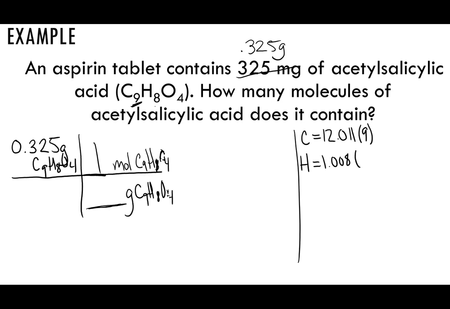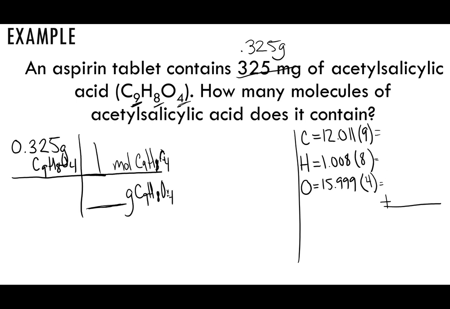And I'm going to multiply that by 8 because there's 8 of them. And then oxygen, 15.999 is the molar mass. I'm going to multiply that by 4 because there's 4 of them. And then once I get here, I'm going to add those numbers together.